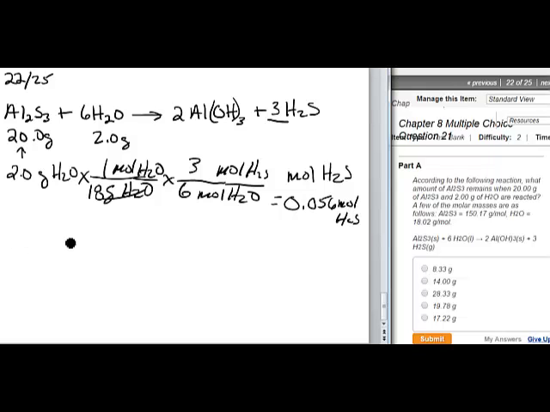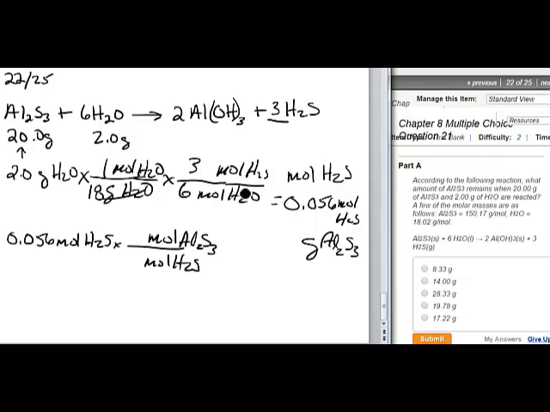Now, that's how much we make. So let's find out how much aluminum sulfide it takes to make that amount. So 0.056 moles of H2S. And now we've got to make this into grams of aluminum sulfide. So we're going to put moles H2S down here, convert that into moles of Al2S3, and that is 3 up here for this, and the aluminum sulfide is a 1, so those units cancel, and then we have to go to grams.